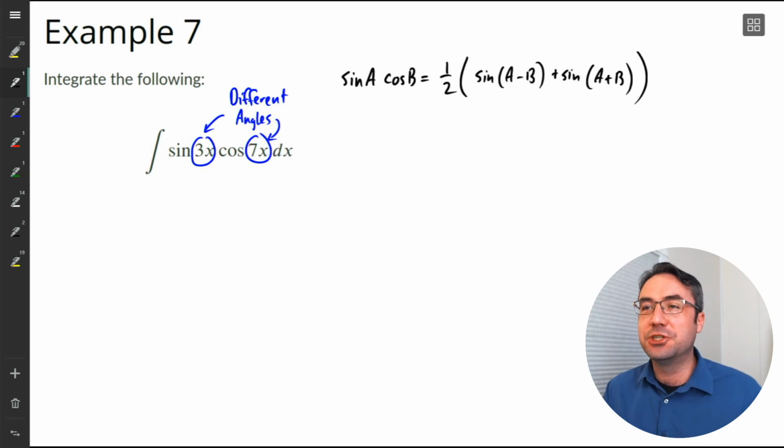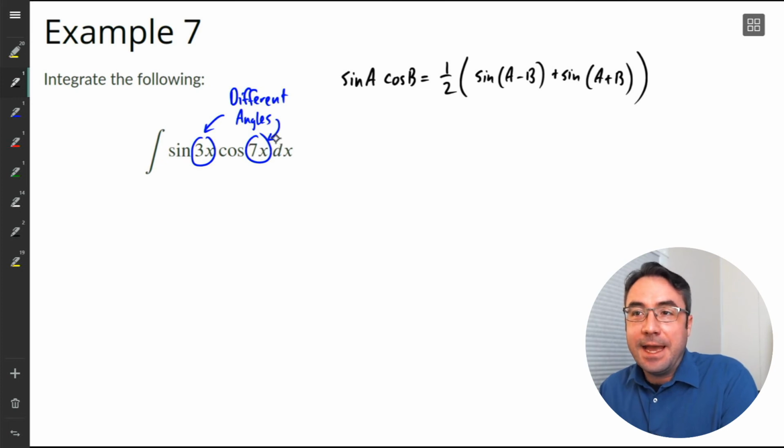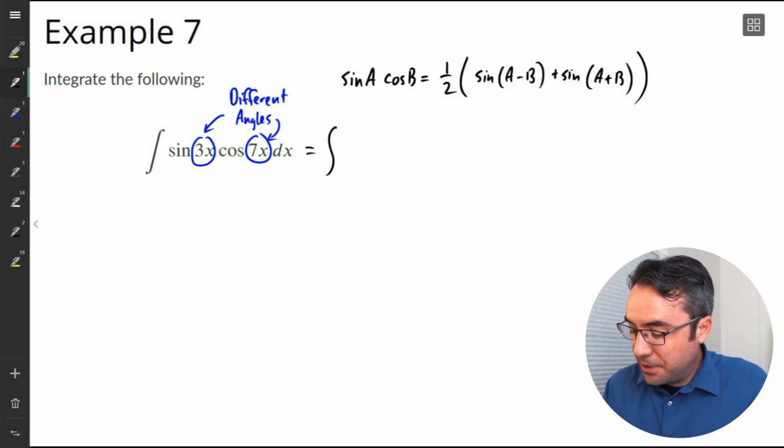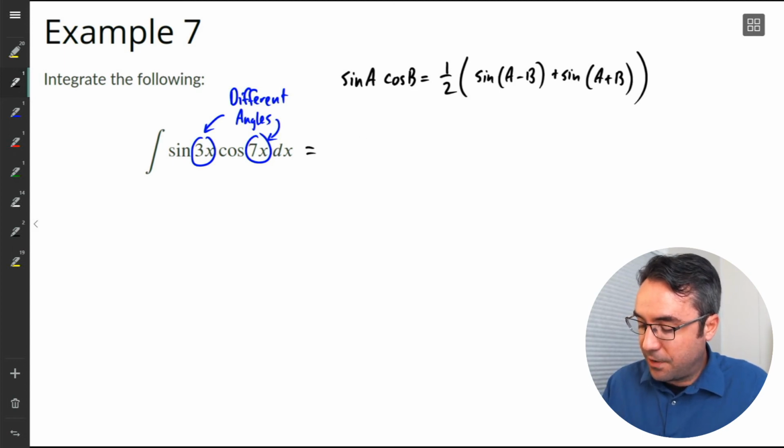Now we're in shape. So we have sine of some angle times cosine of some angle, and let's just apply the formula here. This is going to be equal to the integral of 1/2, and let's put that 1/2 right in front of the integration.